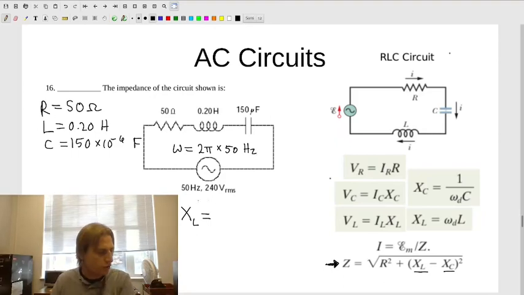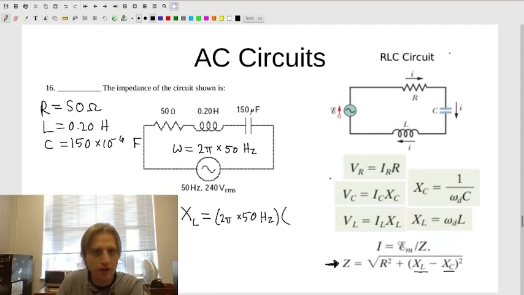Okay, so if we want to look at what our XL is, it would be that omega times L, so 2 pi times 50 hertz times 0.2 henries.